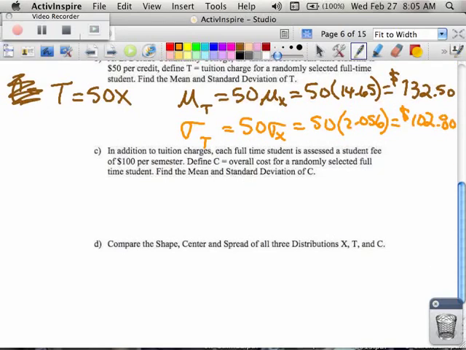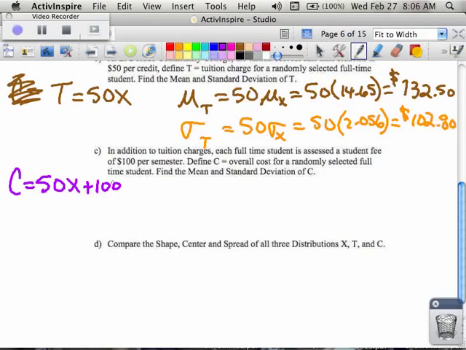In this next part, they talk about, in addition to these tuition charges, they're going to assess a student fee per semester. And they're going to say that C is going to be this overall cost for the randomly selected full-time student. And now we're going to find the mean and the standard deviation. So my cost is going to be 50 times whatever my mean was, but I'm also going to add on $100. And if you recall on the previous slide, we talked about one of these things is affected and one of these things is not affected.